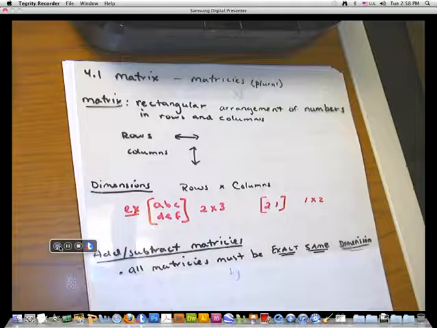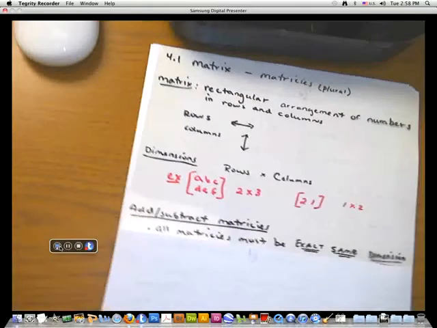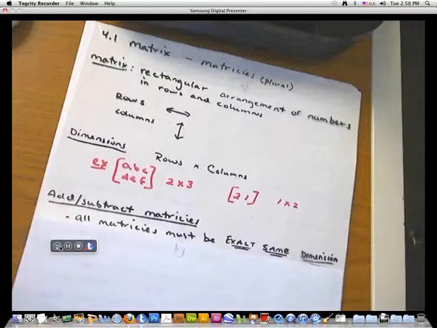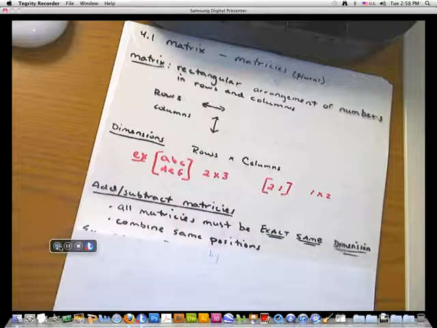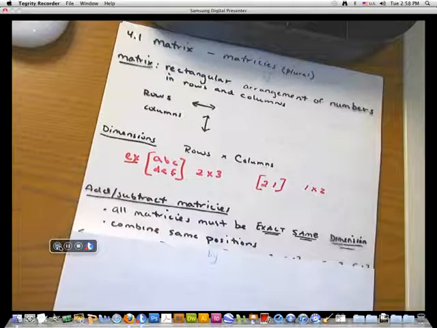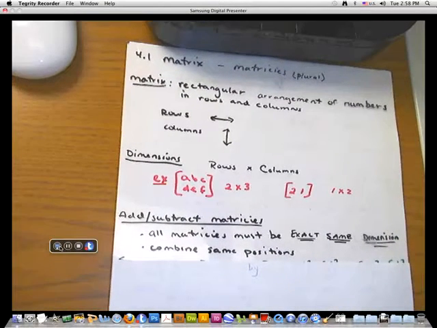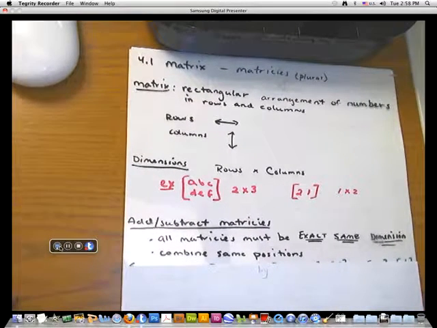So you have to look for, are they the same dimensions? Once we decide that they are the same dimensions, well then we just combine the same positions.